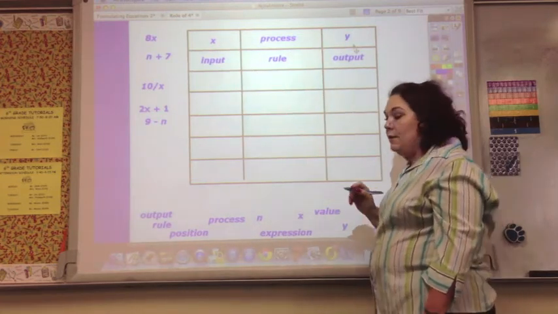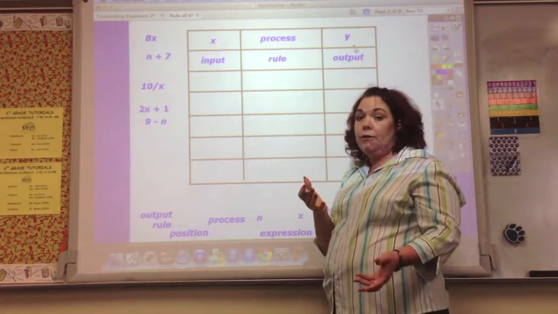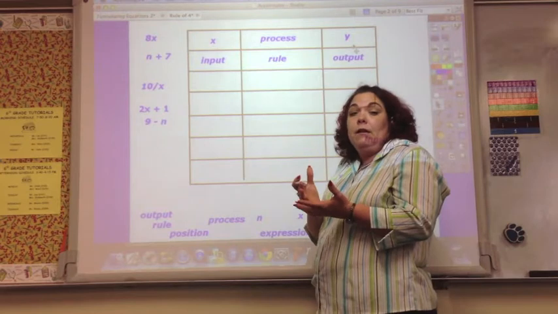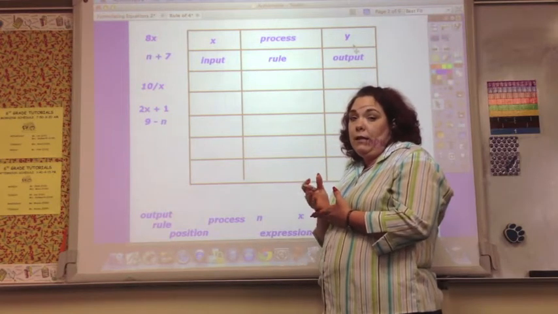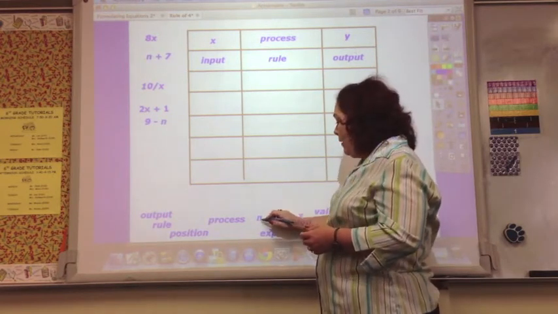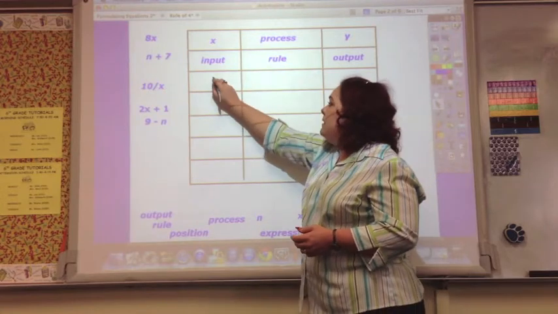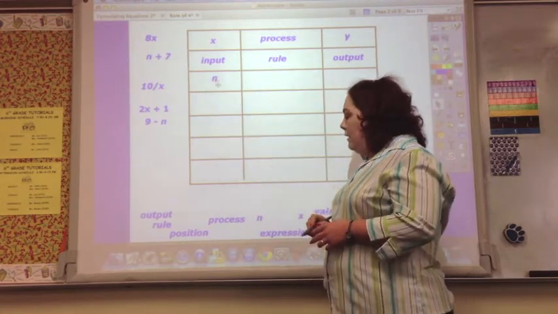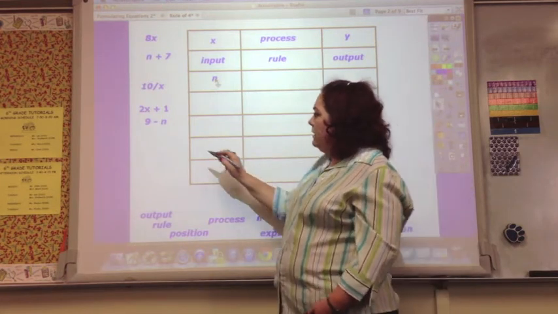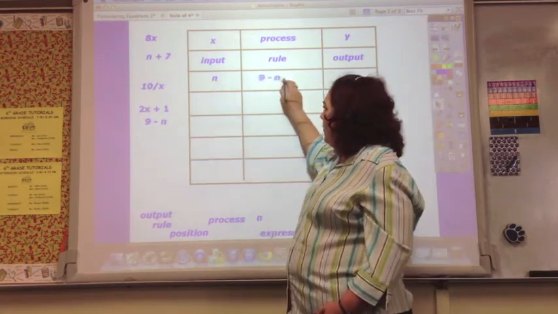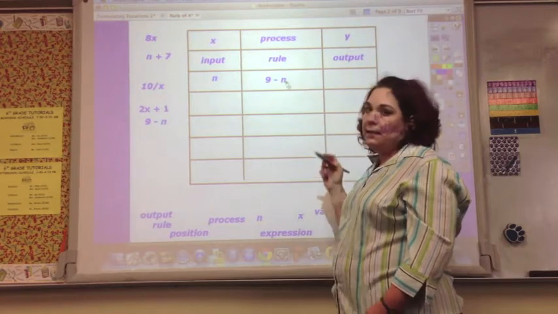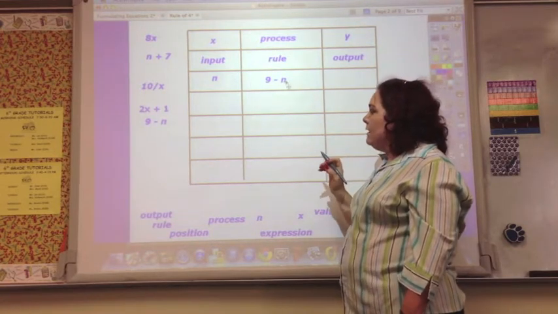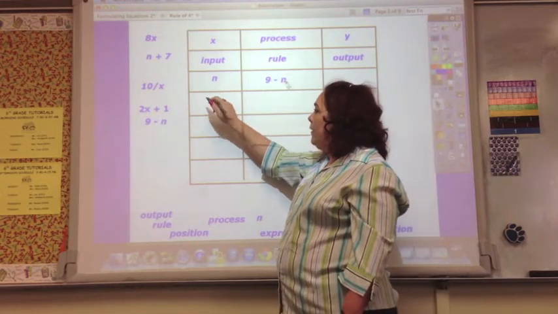And then another letter that might be used to represent x, really it could be any letter that is represented in the word problem, but another one that you see a lot of times is n. And so in this instance, the rule here would be 9 minus n, and then y would be your output, and this is n being any number.